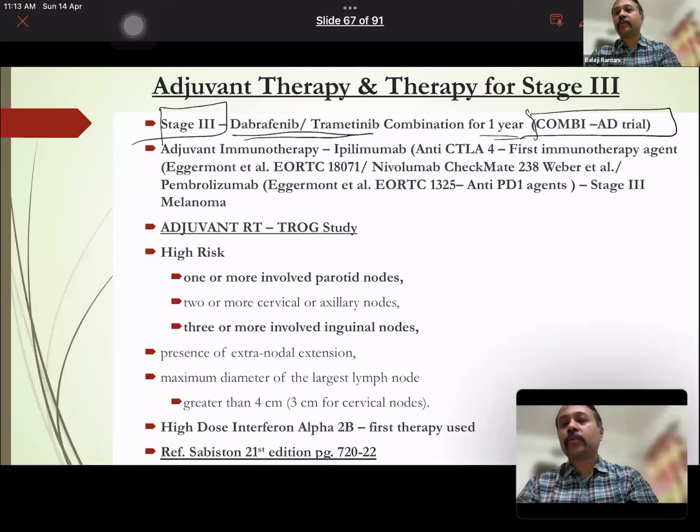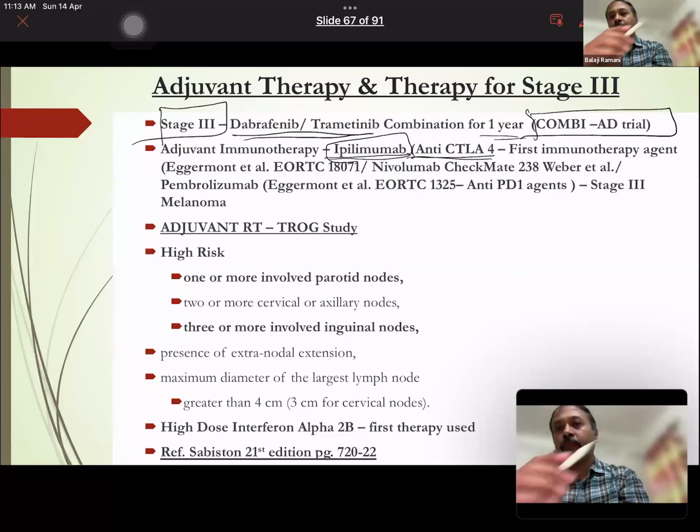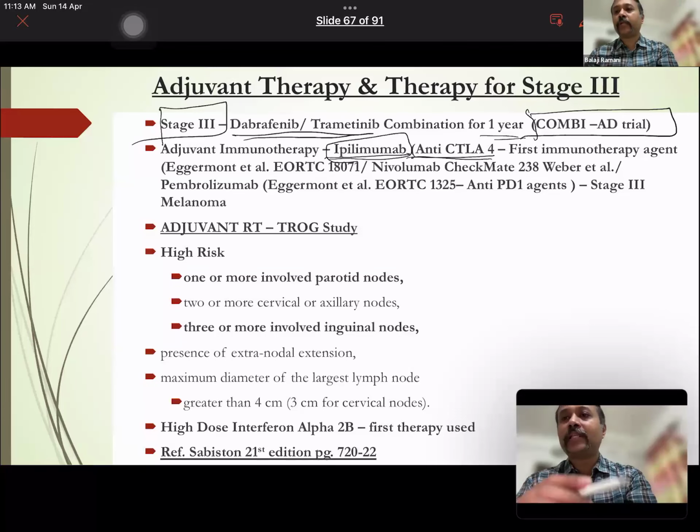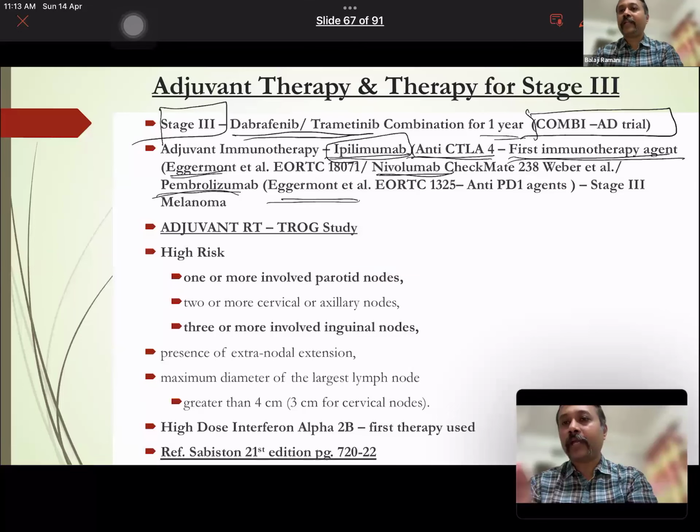The first agent used was ipilimumab, an anti-CTLA4 antibody, which was the first immunotherapy agent to be used and approved, first used in melanomas only. This was based on the Eggermont et al. trial. Other agents which can be used are nivolumab, based on the CheckMate trial, and pembrolizumab, again based on the Eggermont trial. These are all anti-PD-1 agents.